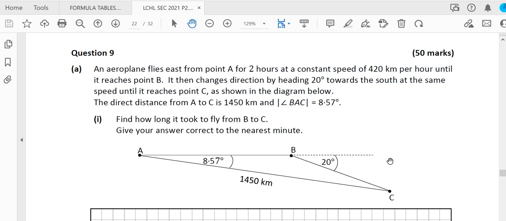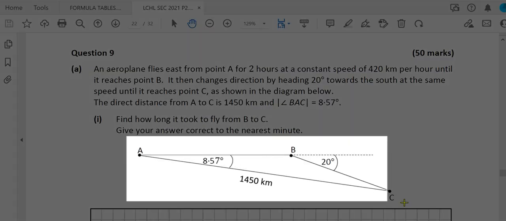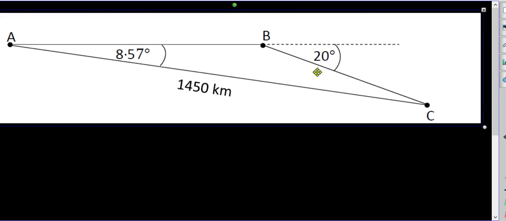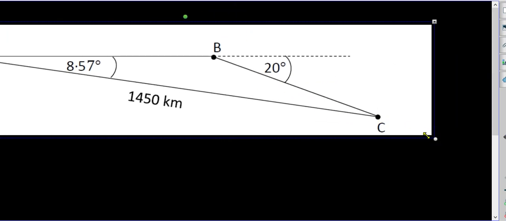So we have to find out how long it takes to fly from B to C. So this distance, that's what we have to find out, and we have to give our answer correct to the nearest minute.